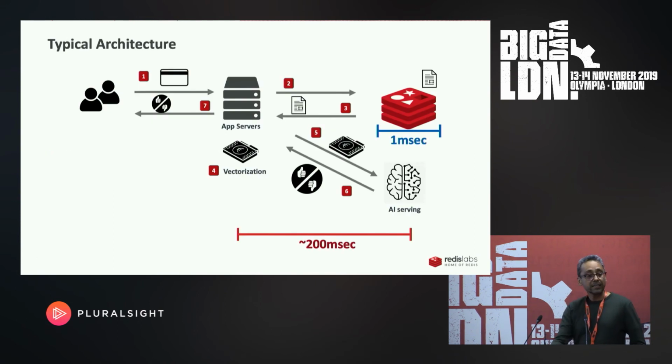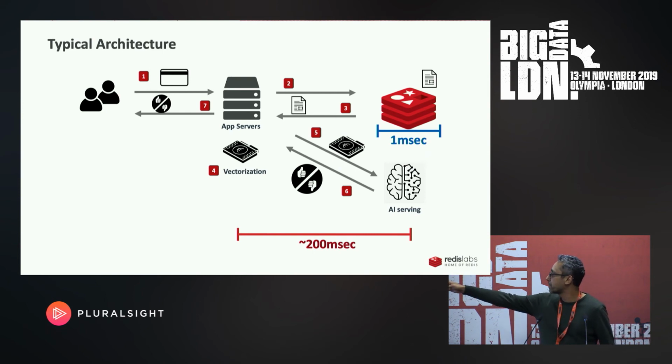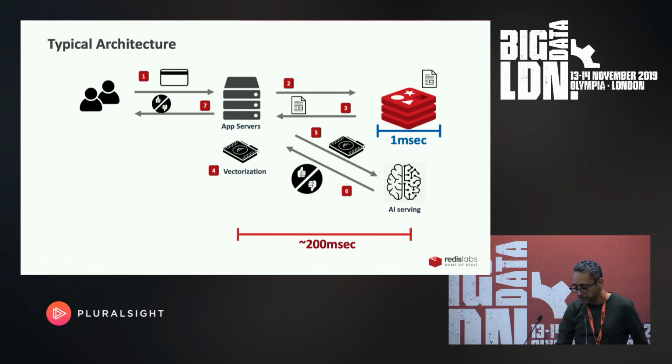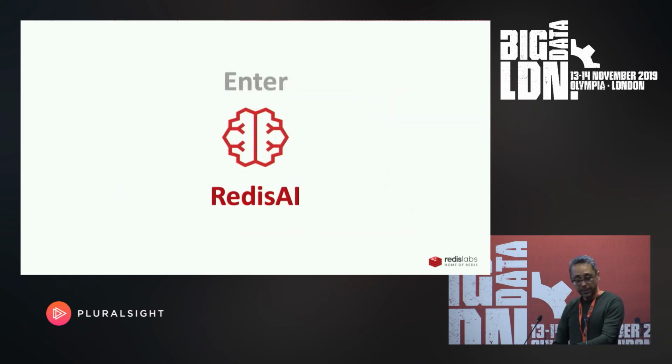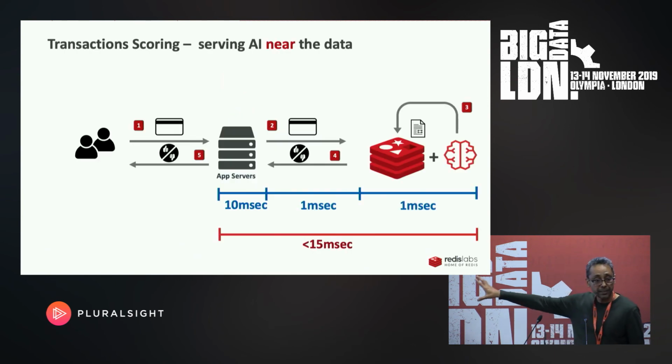That is the typical architecture. You have your application, your app servers, your databases, and from the databases you get the data, you get the vector, you send it to the serving layer, you execute it, you get the response back, and you serve it to the client, or you also put it into the database. What we are proposing with the Redis AI module is that you don't need a server.